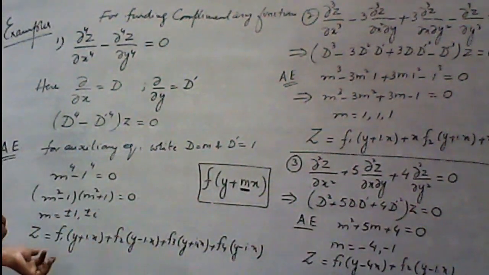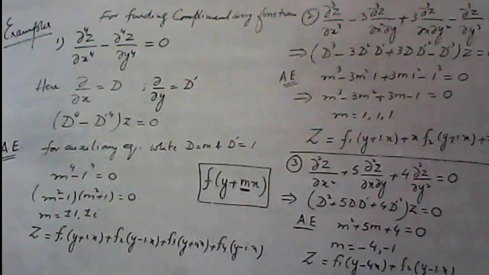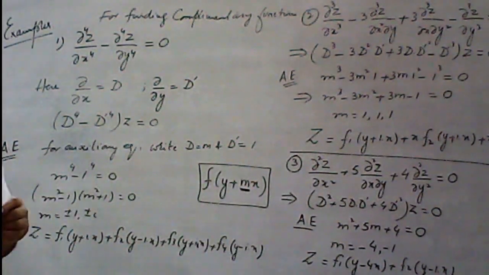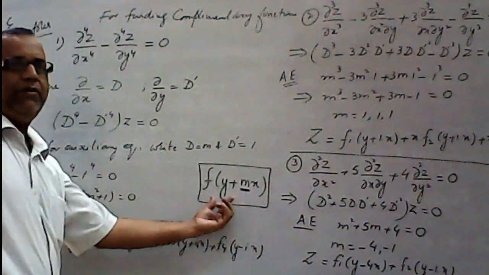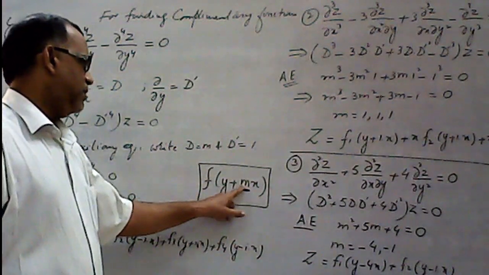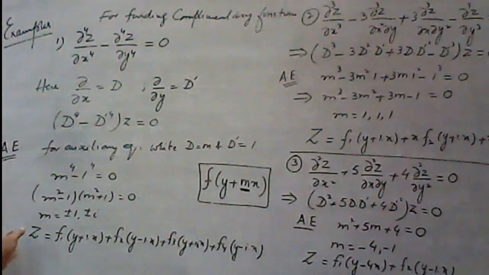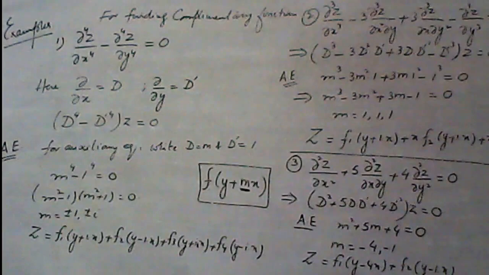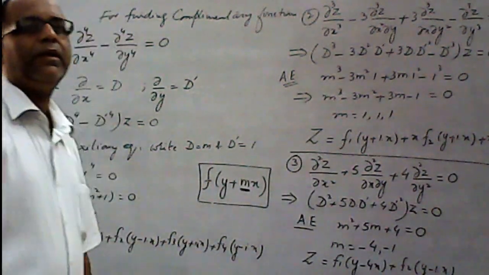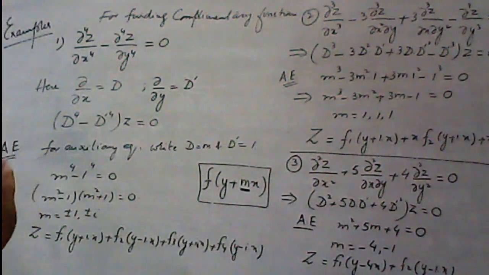So in the same manner we assign 4 constants, f1, f2, f3 and f4. The actual place of writing the roots is in place of m. This is the general form. So just write the actual root in place of this m, and then each and every root will be added to one another. So this is the way to write the final answer of the complementary function.